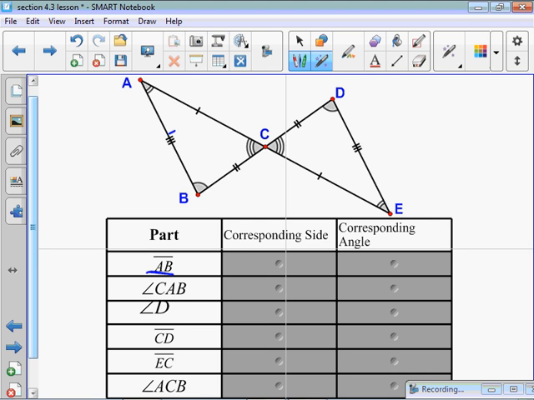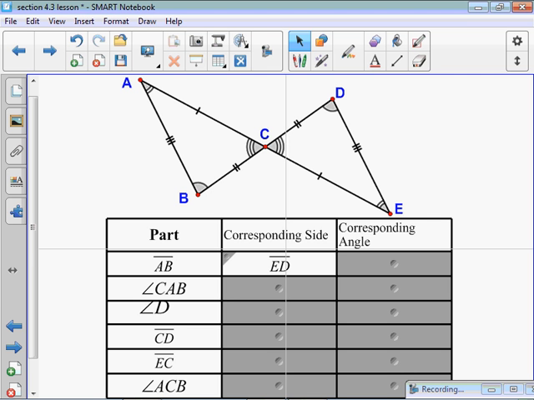We look for AB. We see 3 lines here, so let's look for the other one that says it's congruent. So we know that our corresponding side is DE. However, it's not DE, is it? Because you have to make sure that you are going in the exact same order.